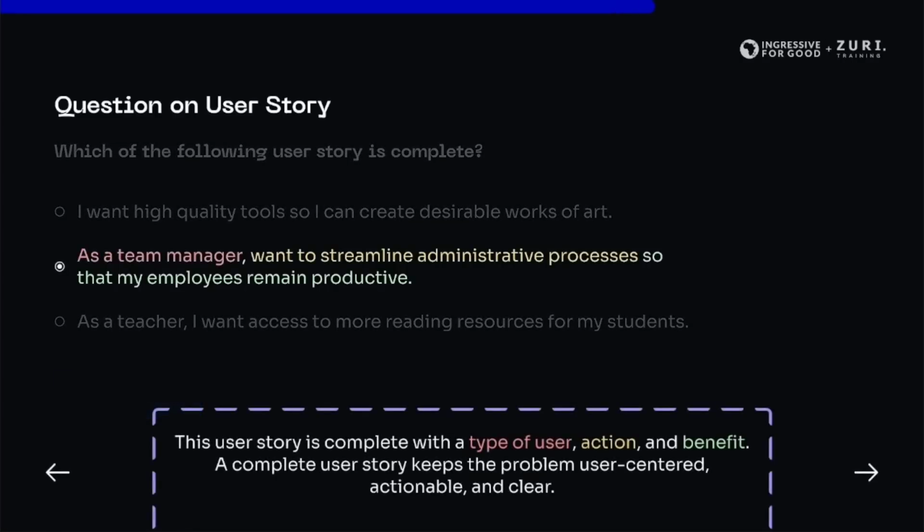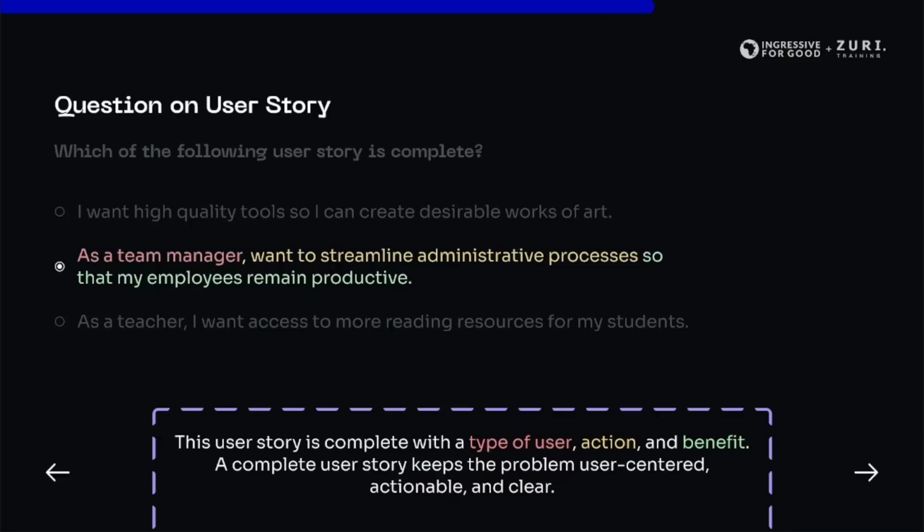Let's see. Well, it's the second option. As a team manager, that is a type of user. Action is to streamline administrative processes, and the benefit is so that my employees remain productive.